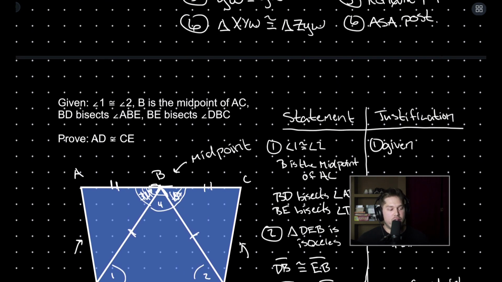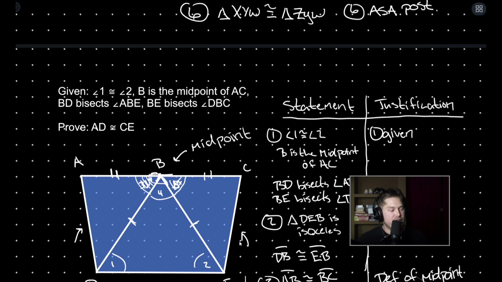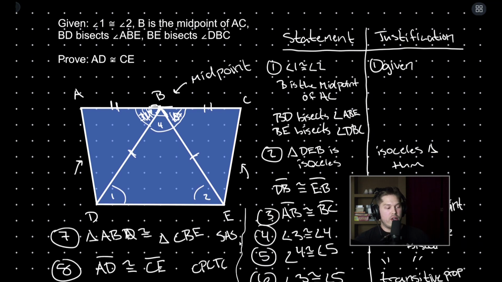So let's have a refresh. Let's run through this problem one more time so you can see exactly what happened. Firstly, we restated the given, where angle 1 is congruent to angle 2, B is the midpoint of AC, BD bisected angle 3 and angle 4, and BE bisected angle 4 and angle 5.